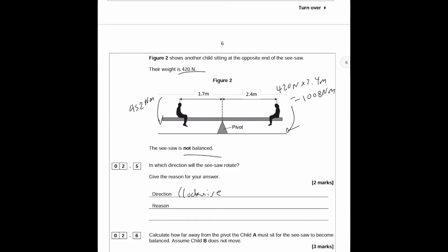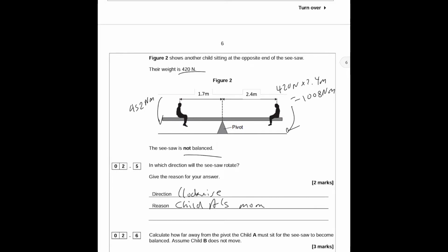That is because you can say that child B's moment is greater, so they'll rotate clockwise. The reason is that due to the weight distribution, child A will go up and child B will go down, right?